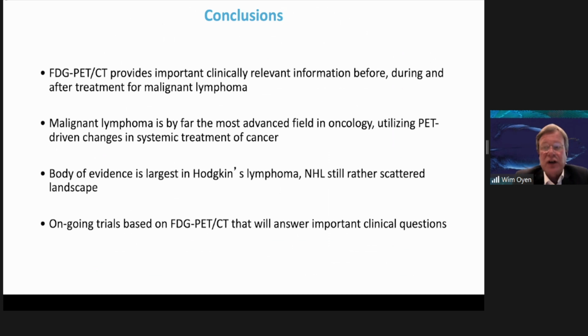The solid tumors are not that far advanced as the use of PET in malignant lymphoma. The body of evidence is largest in Hodgkin's lymphoma, where we have large phase 3 trials generating the evidence that we need for appropriate introduction in clinical practice.